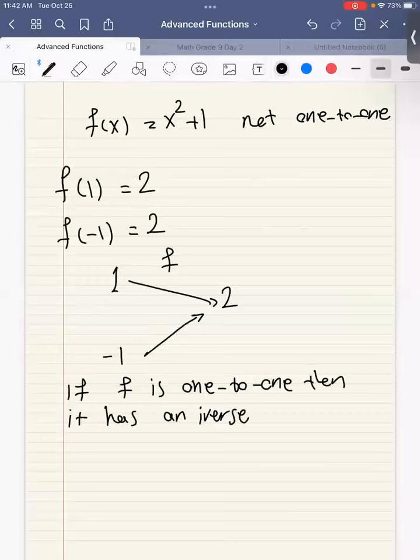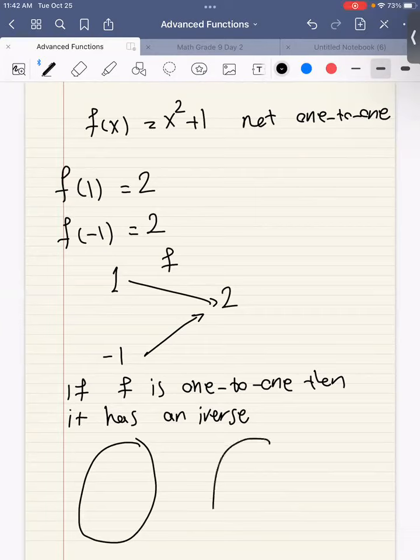And how the inverse is defined, if you want to visualize it, the definition of inverse is simple.